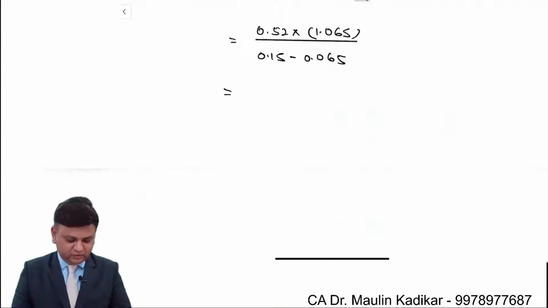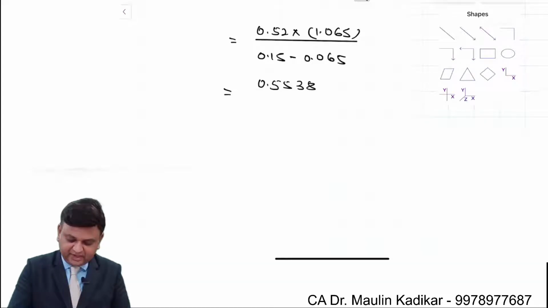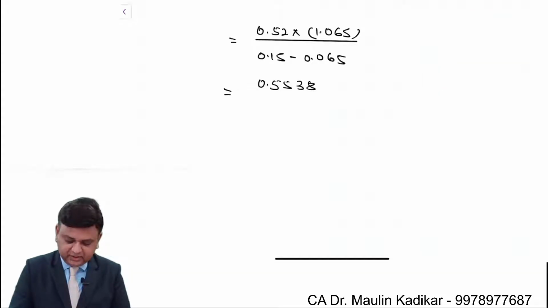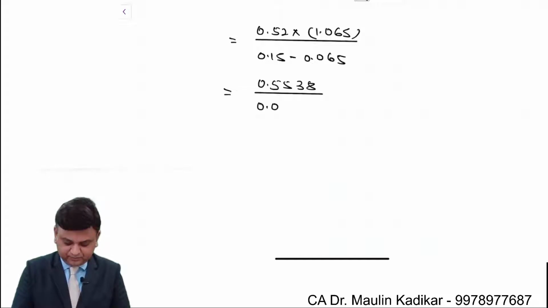So 0.52 into 1.065, so 0.5538, divided by cost of equity capital minus growth rate. So 0.15 less 0.065, so it is 8.5%.